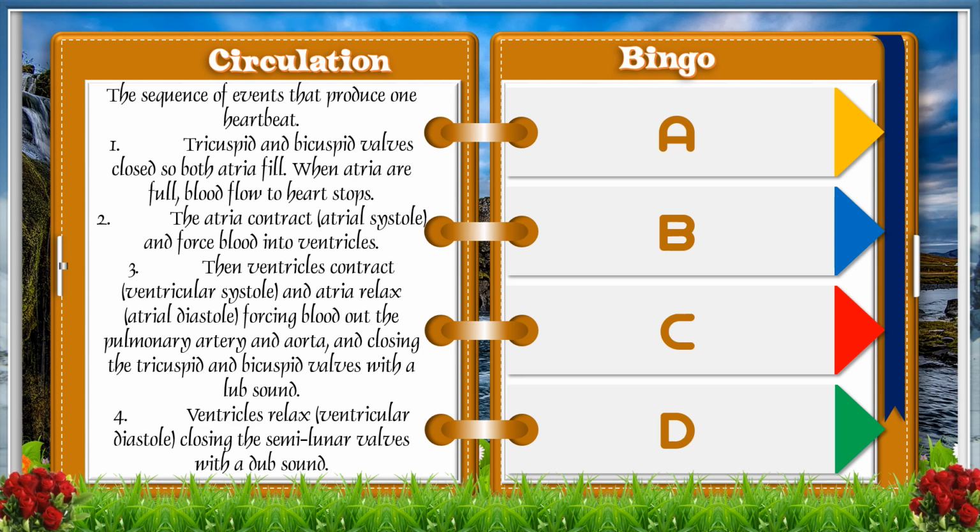3. Then ventricles contract, what we call ventricular systole, and atria relax, what we call diastole, forcing blood out of the pulmonary artery and aorta, and closing the tricuspid and bicuspid valves with the lub sound. 4.